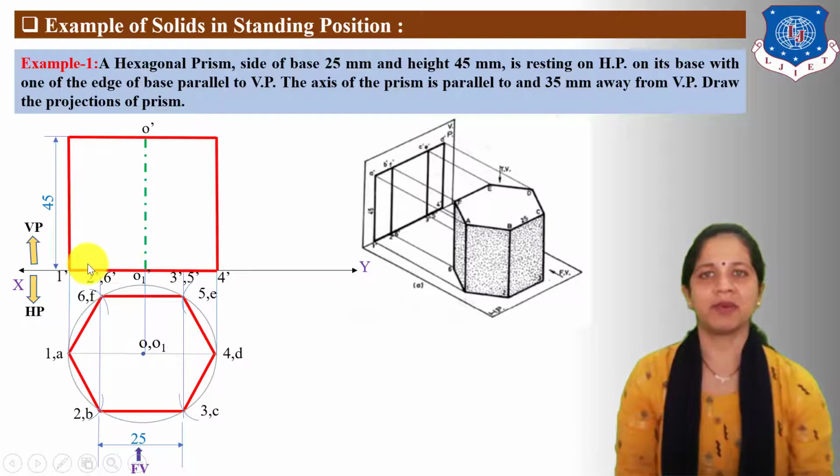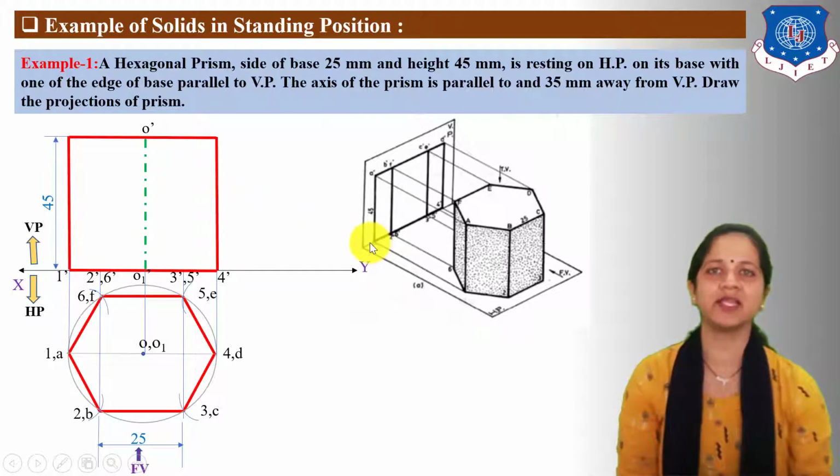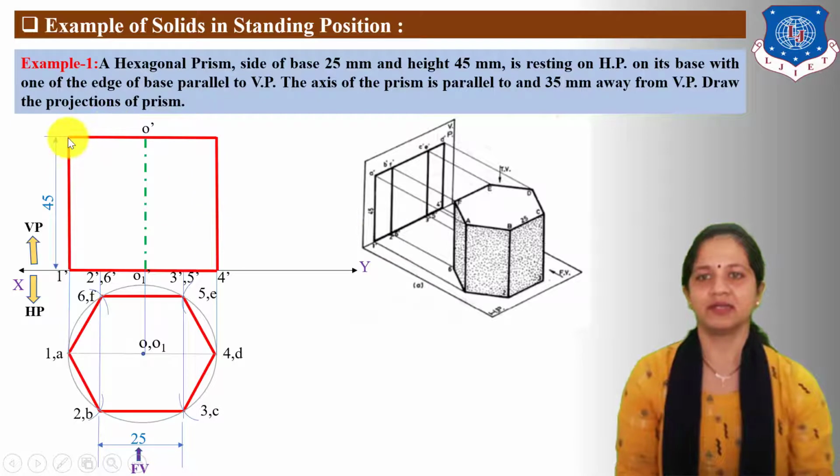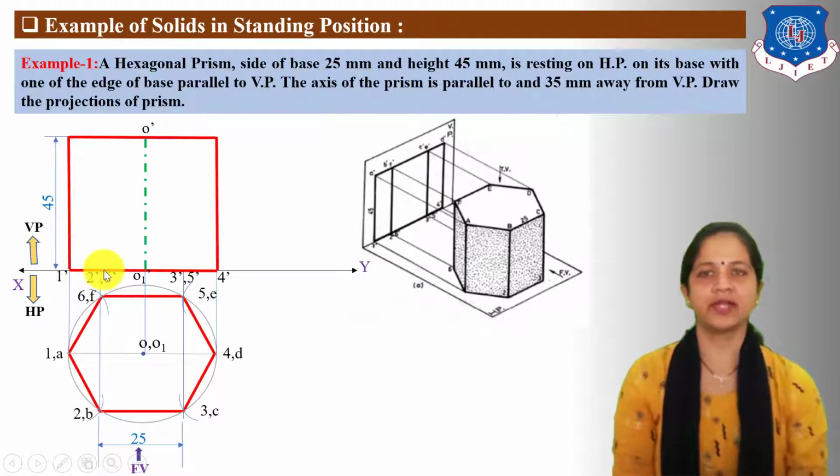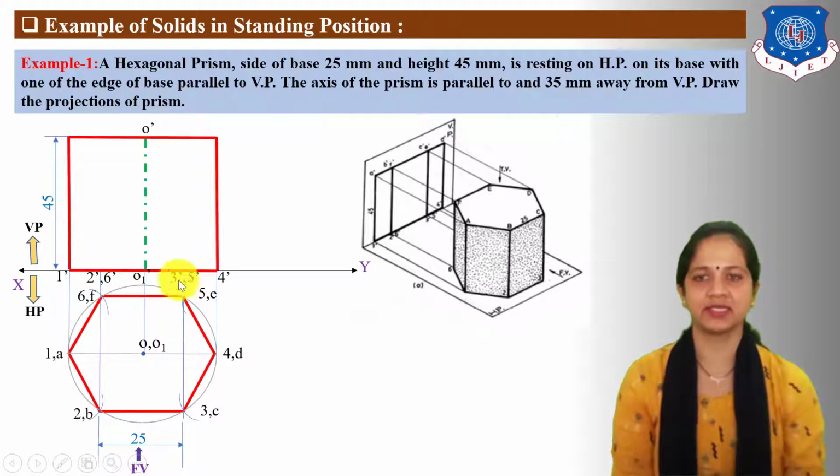Now, the boundary of the front view is a rectangle, because any prism has rectangular faces. Next, draw the vertical or longer edges which pass through the base corner points.